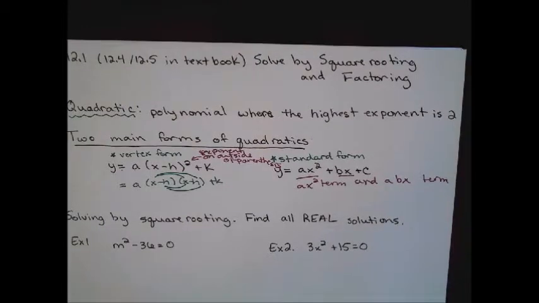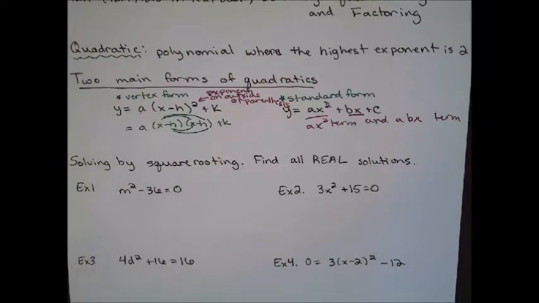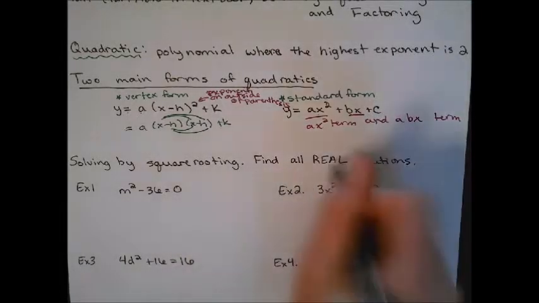Now, let's start with how do we solve by square rooting. I'm going to give a couple seconds to let you finish copying this down. Okay, so for this first one, we're going to solve this by square rooting. Notice in the directions it says to find all real solutions.